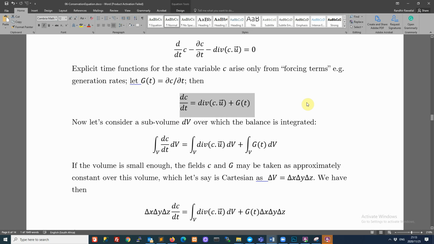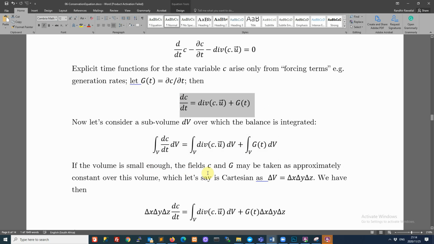And you see, all this arose directly from just a statement that there is a flux across some arbitrary volume. Okay. Now let's think about applying this to a subvolume dV. So if we are looking at a subvolume and integrating this equation over the subvolume, then each term, of course, has to be integrated.